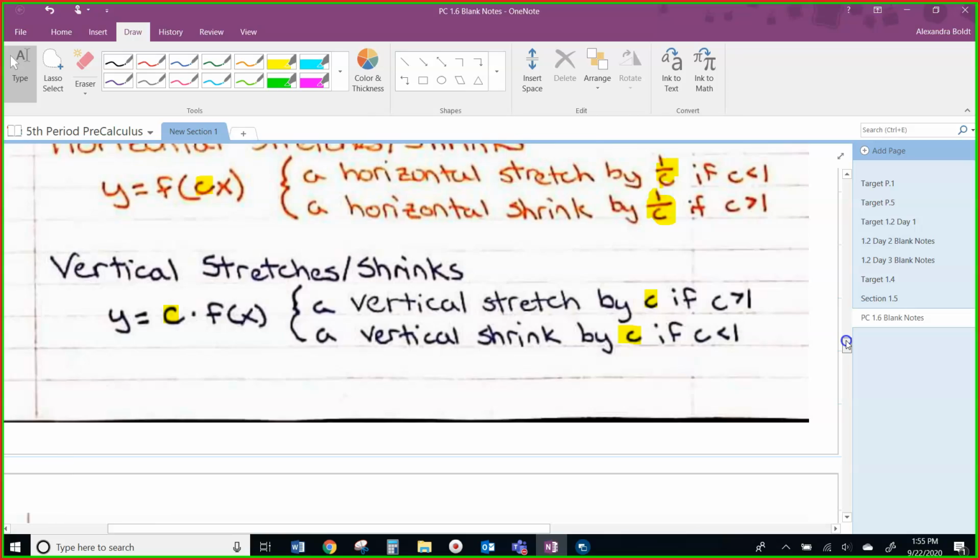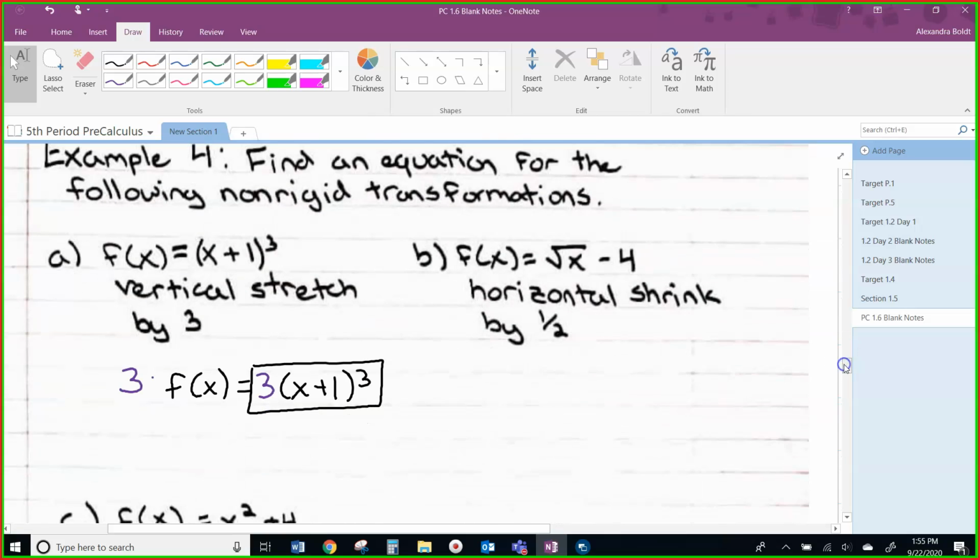When we're doing horizontal shrinks or stretches, I can't just throw 1/2 in front. I have to figure out what c is first. So really, this 1/2, whatever it tells you your shrink is by, is really your 1 over c.